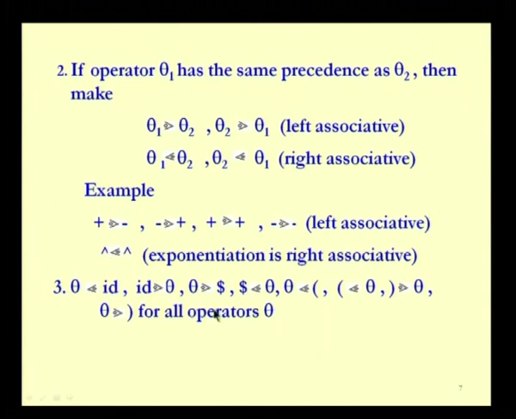And the last one is, we have theta, that is any operator, and what is the relationship of this operator with the rest of the tokens. The rest of the tokens can be an identifier, or an opening bracket or closing bracket, whatever it is. So, theta is always precedentially less than any identifier.